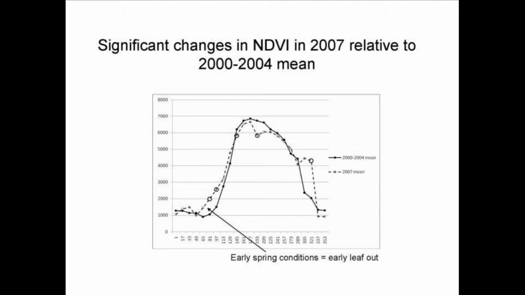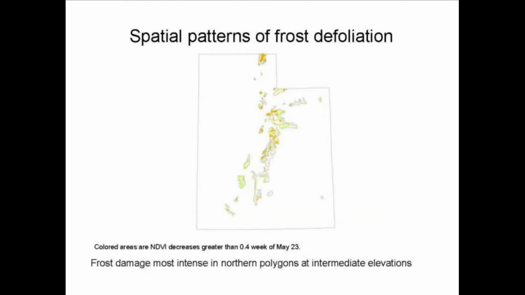And we didn't see a drastic drop in canopy greenness, but we did see a reduction in the slope relative to the 2000 to 2004 mean. And when we charted this out spatially over the polygons, these orange regions are areas where there was a significant decrease in canopy greenness.